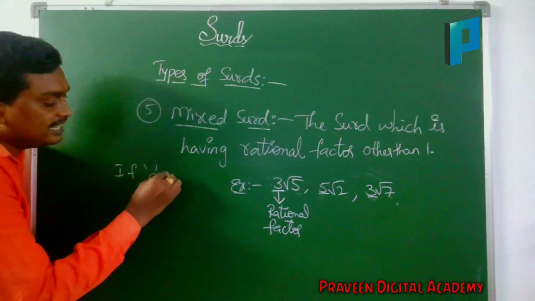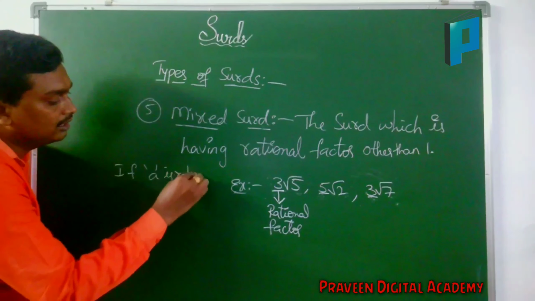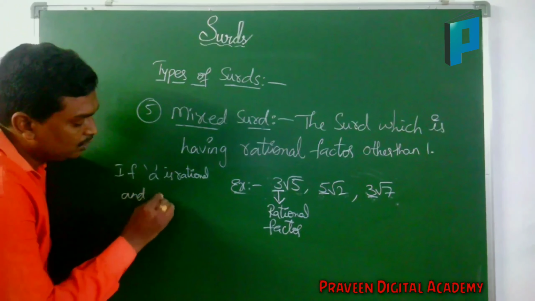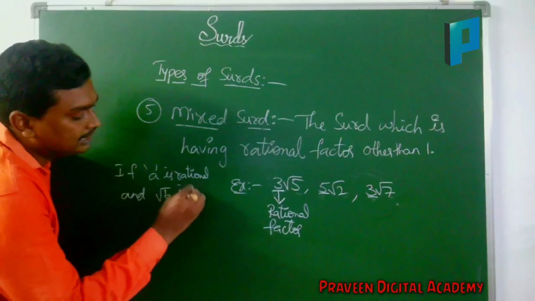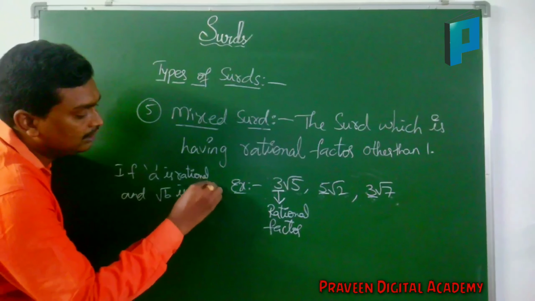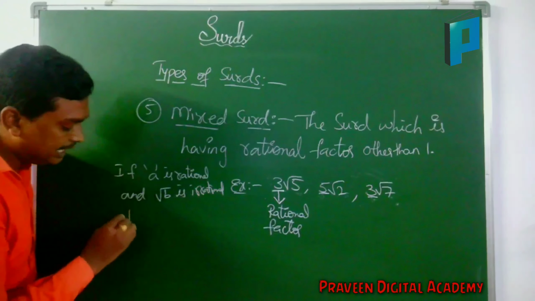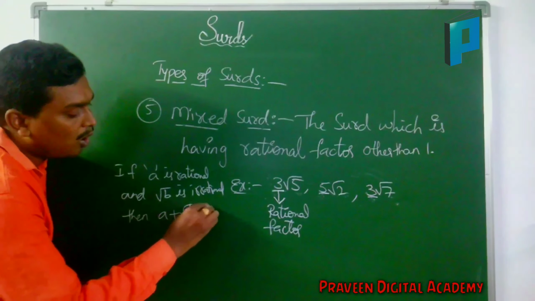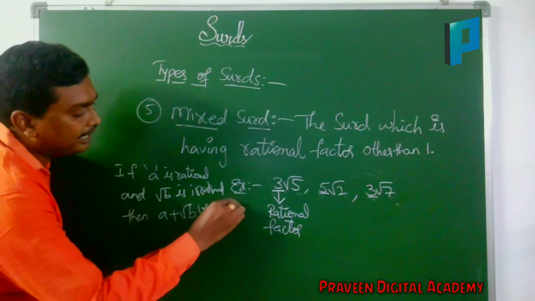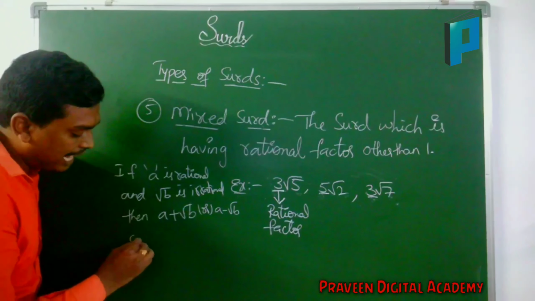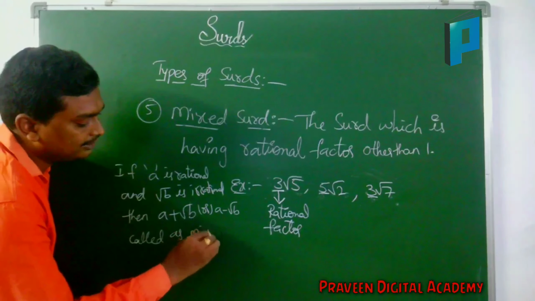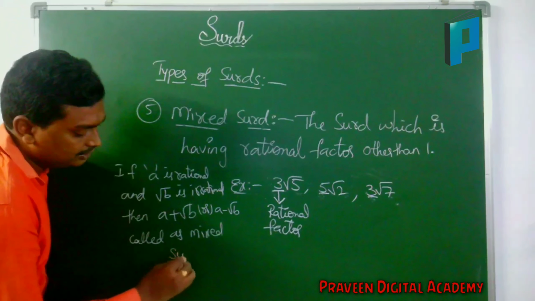If a is rational and root b is irrational, then a plus root b or a minus root b is called a mixed surd.